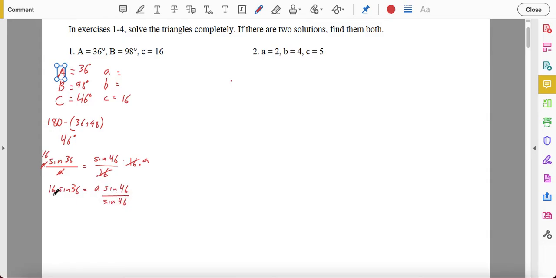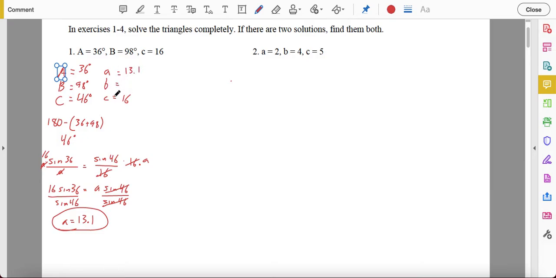So we solve for A by dividing by sine 46. That reduces to 1, so we're left with A equals 16 times the sine of 36 degrees divided by sine of 46 degrees. And we get 13.07 or 13.1 for A. So we've got A is 13.1.